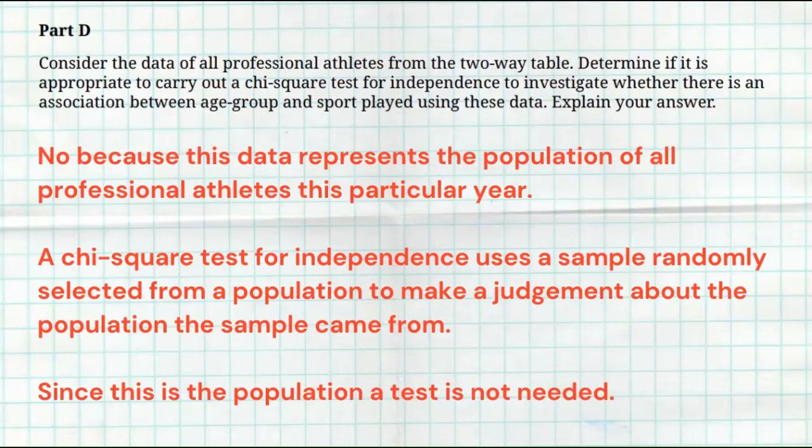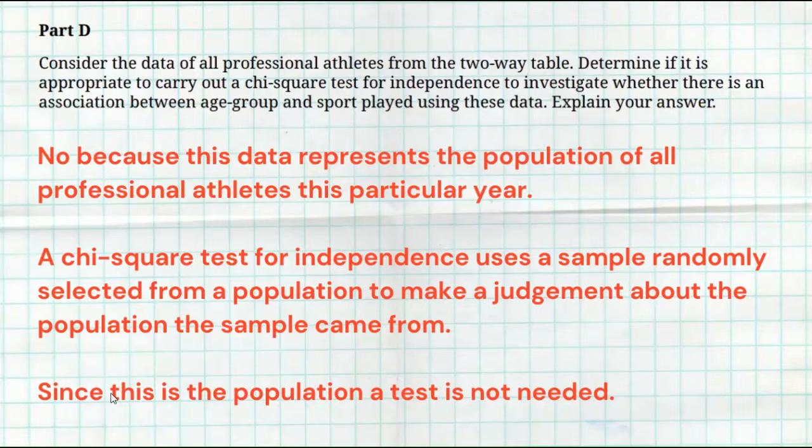No, because the data represents the population of all professional athletes this particular year. A chi-square test, in fact any type of significance test, uses a random sample selected from a population to make a judgment about the population that the sample came from.